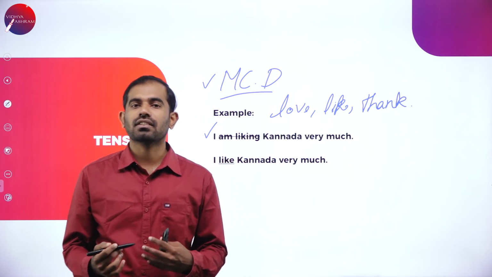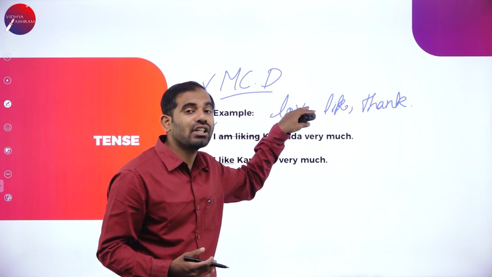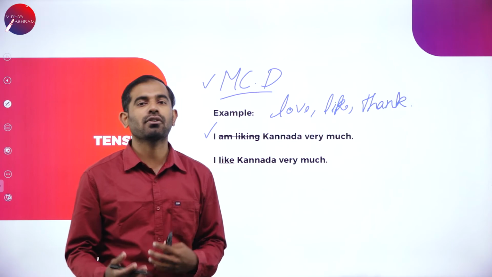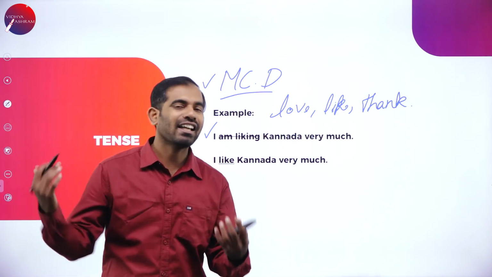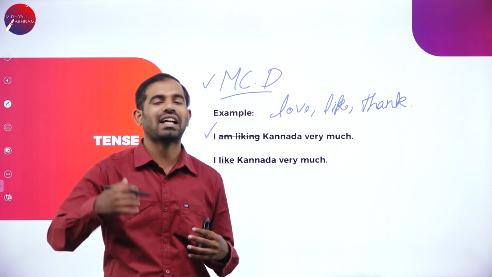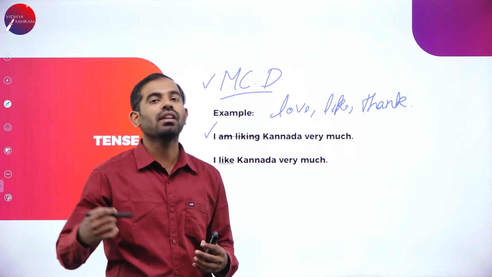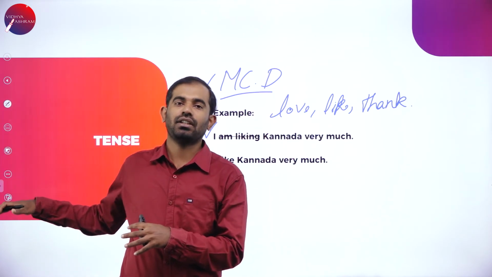Why do you think they included ing to the word love? It's because we Indians have the habit of using ing for everything. I'm doing this, I'm going there. ing form. We always use this ing form. Keep listening to anybody who speaks English. You tend to listen to more of ing forms rather than speaking in any other tense.